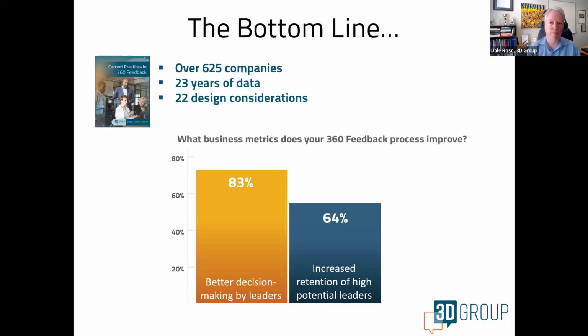It gives them critical information for making decisions, certainly development decisions, but also if you look at using 360s in a performance context, there's certainly relevance there. And then, of course, we know that high potentials really thrive in a high feedback environment and get pretty frustrated when they don't have access to feedback on how they're doing and what they can do better. That's a key element of a high potential. So we know that 360s are a critical tool for elevating high potentials and keeping them engaged and retained.